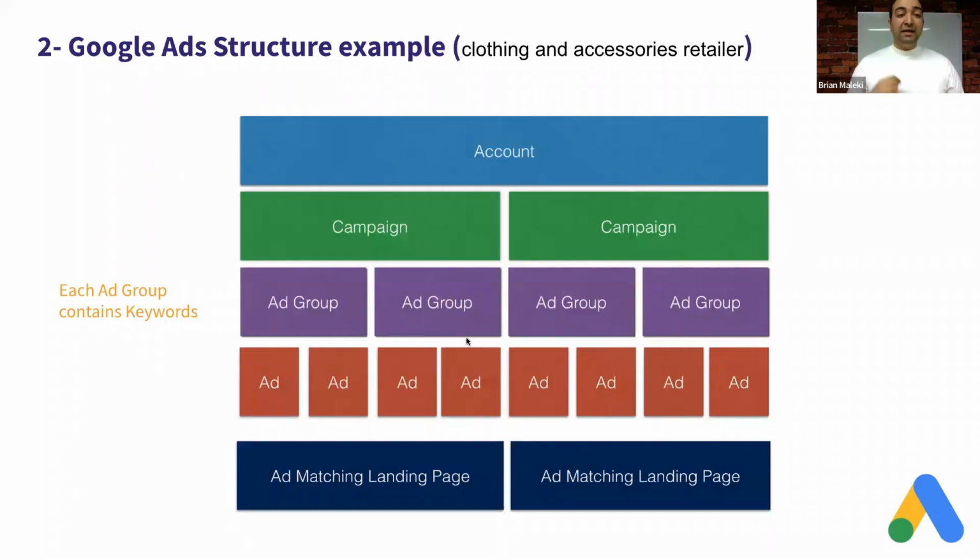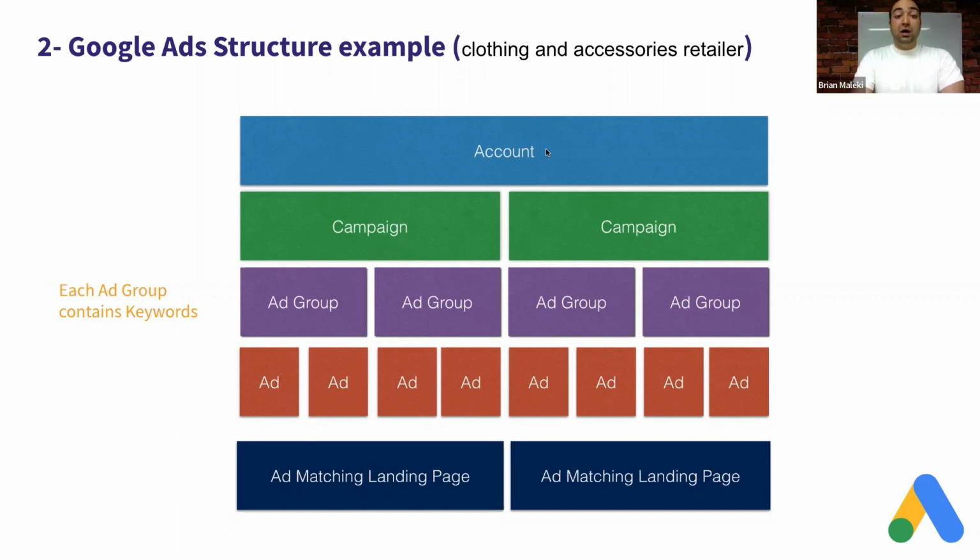Okay, now basically I want to open the Google Ads dashboard, but before that, I would like to teach you the structure of Google Ads, how it looks. So first of all, to start, you must have an ad account number.